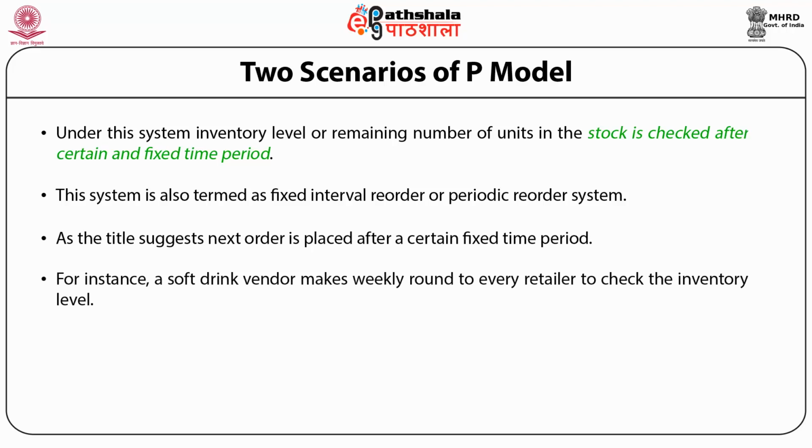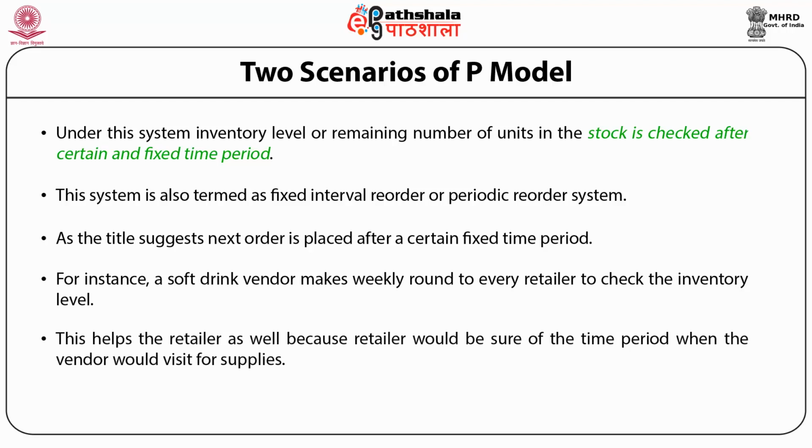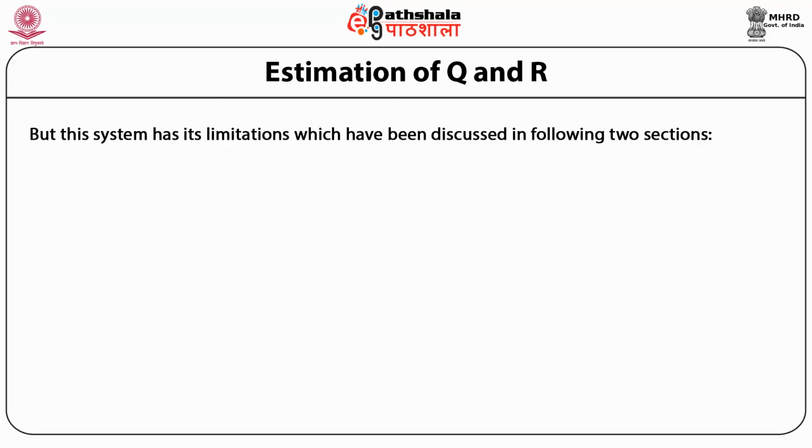For instance, a soft drink vendor makes a weekly round to every retailer to check the inventory level. This helps the retailer as well because the retailer would be sure of the time period when the vendor would visit for supplies. But this system has its limitations, which have been discussed in the following two sections.